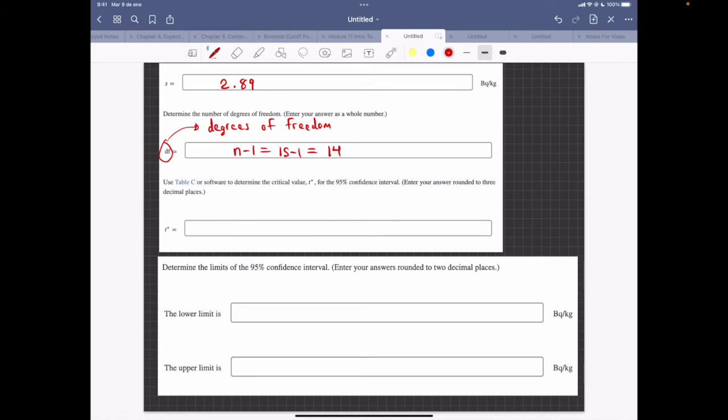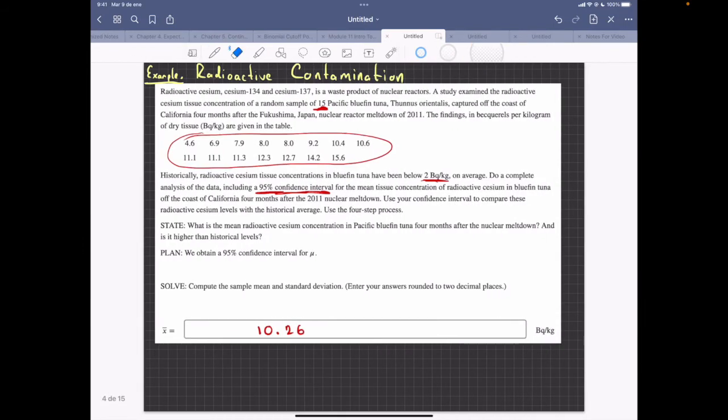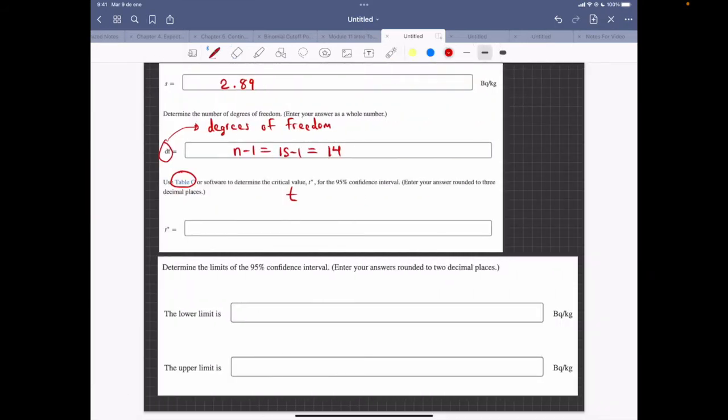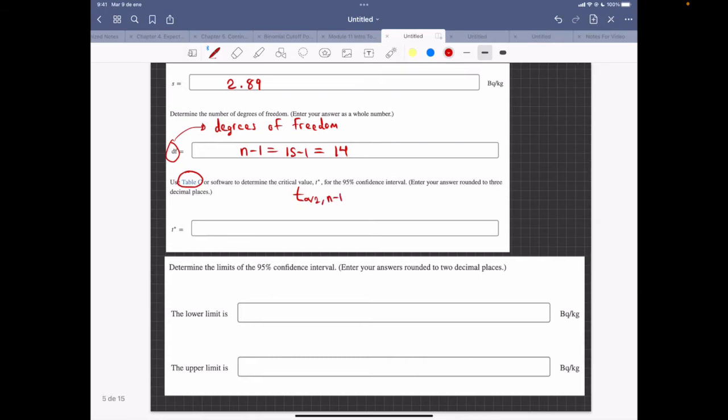So to compute this, you will have to use a table. You can look for the value t alpha over 2, comma, n minus 1.